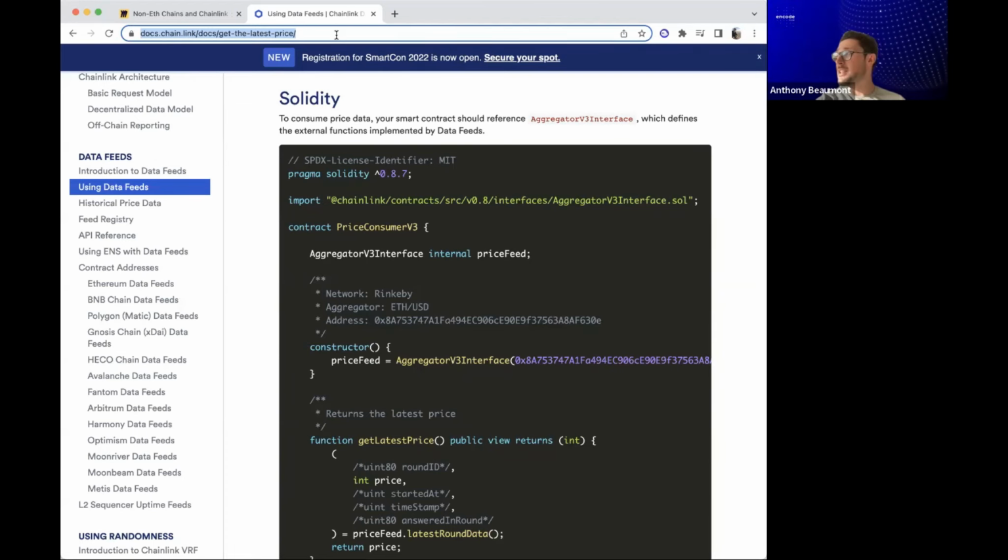I suspect they use, I can't remember what it's called. I'm going to find out on my other screen. They use the other oracle on Solana, which is, someone might want to help me out. What is it called? I'll find out for you. Pyth Network.